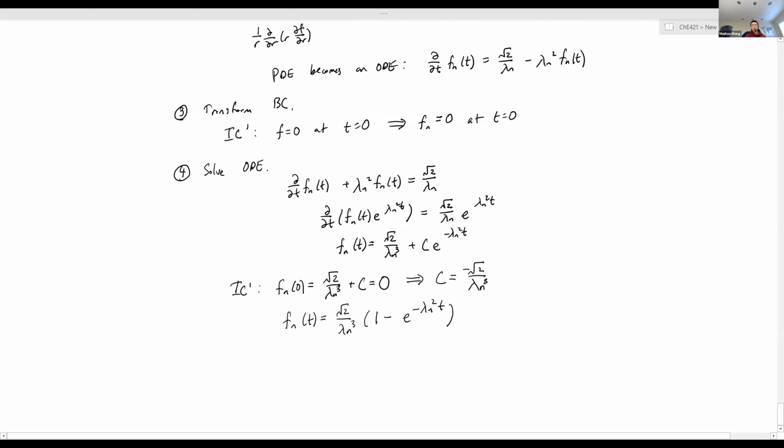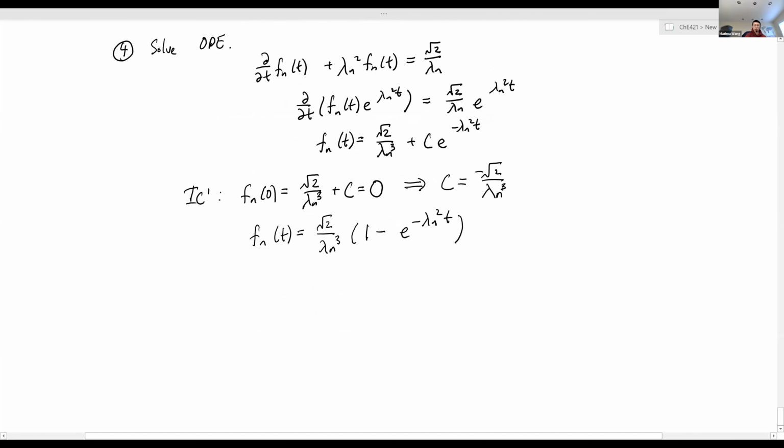Like that. And then therefore we can write everything in terms of the basis functions. And so our overall solution looks like this.